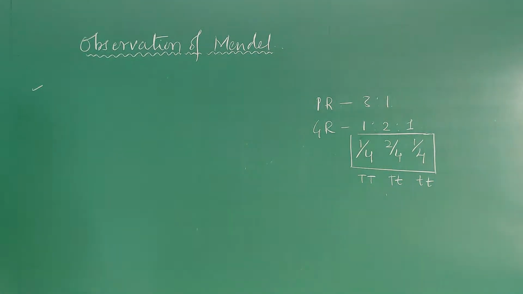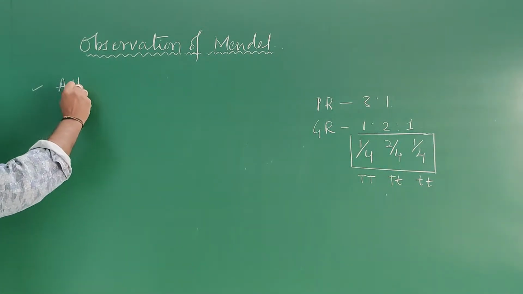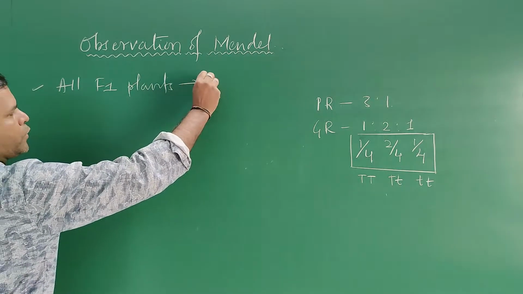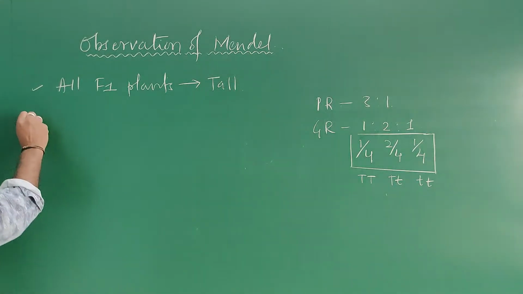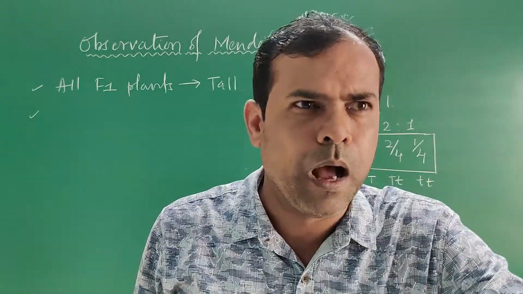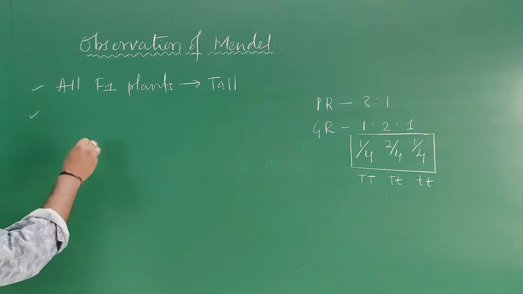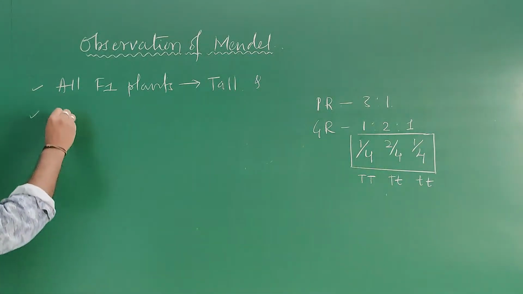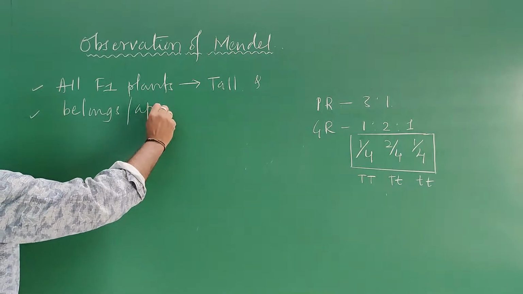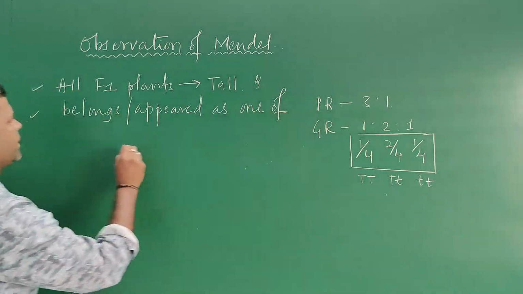First observation, all F1 plants were tall, and they appeared like one of the parent.